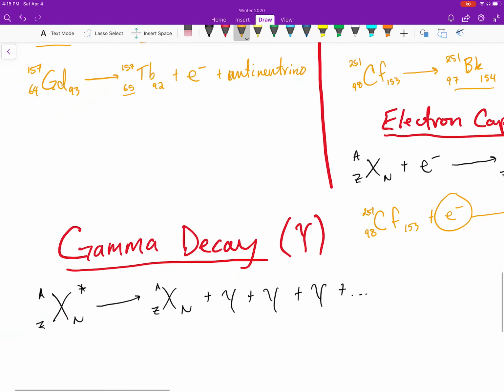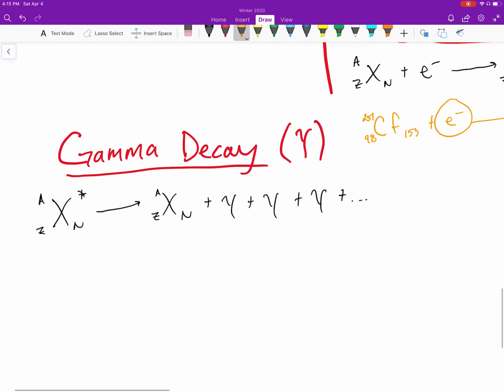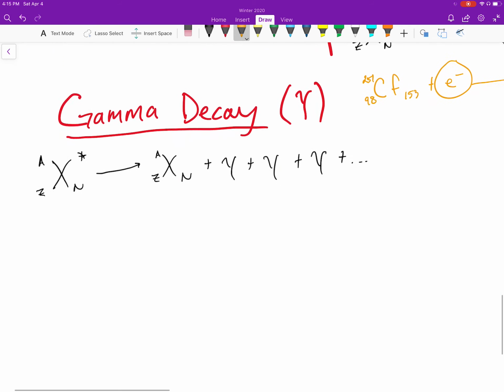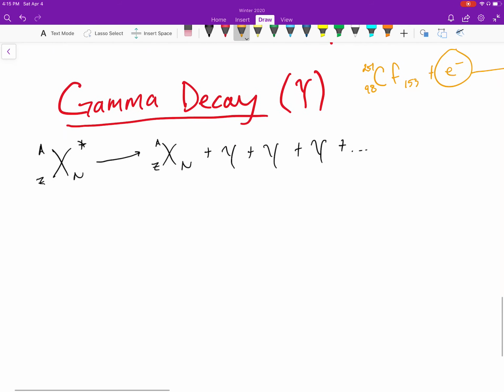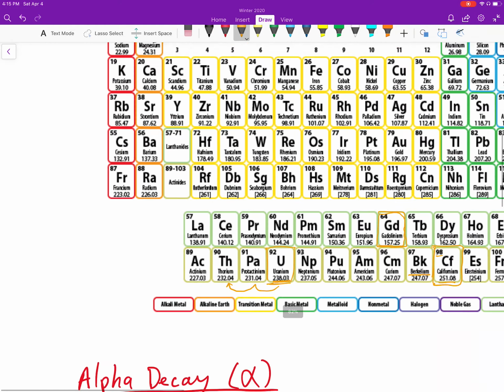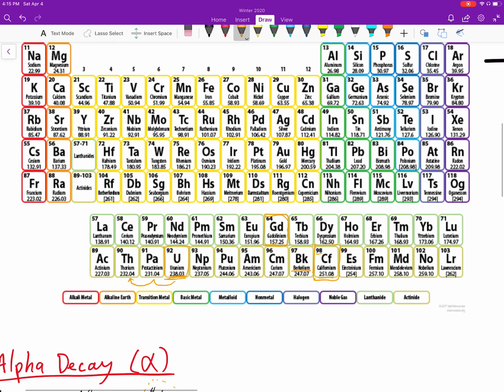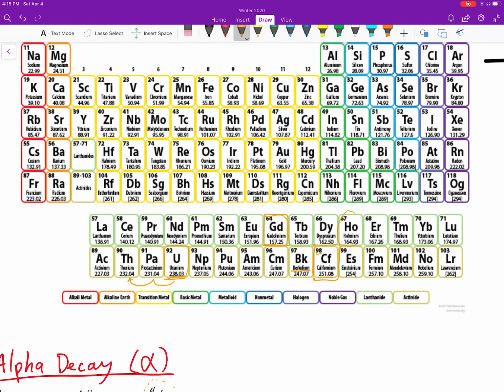Okay, and then the last form of decay that we're going to cover today is gamma decay. Gamma decay is probably the easiest to calculate, or the easiest to write out the equation, because the element itself doesn't change. So for gamma decay, let's pick an element. Let's go holmium.